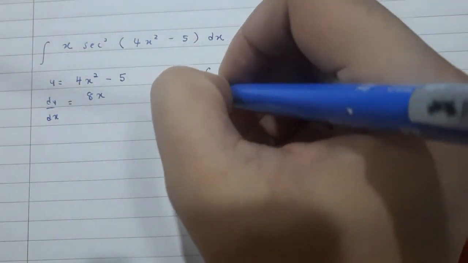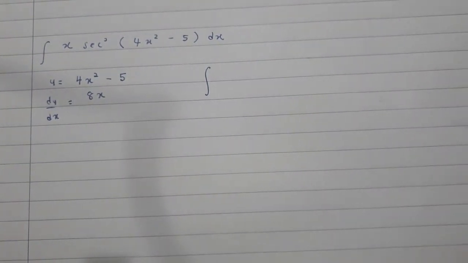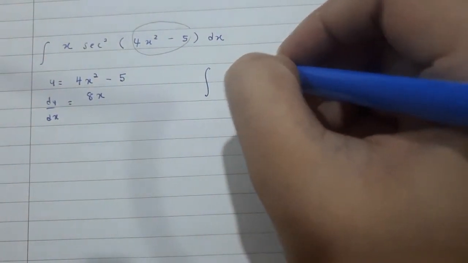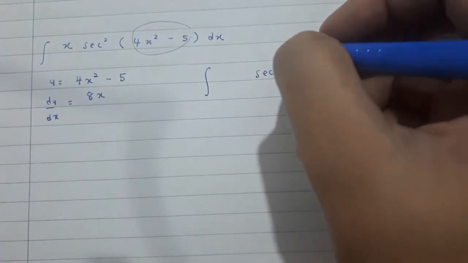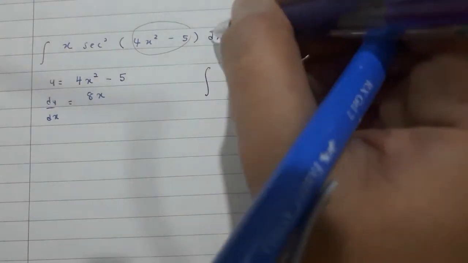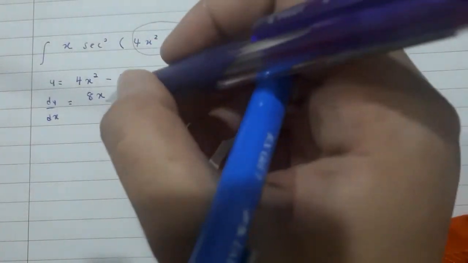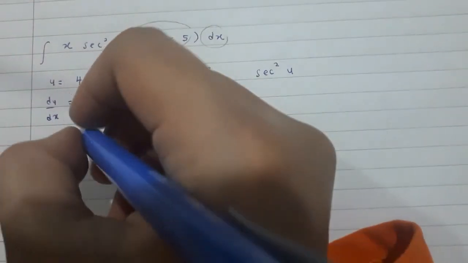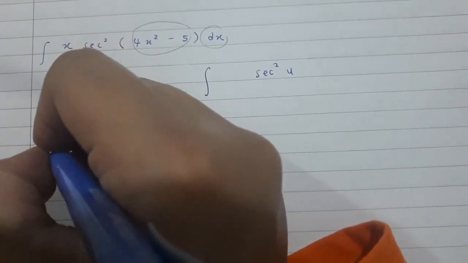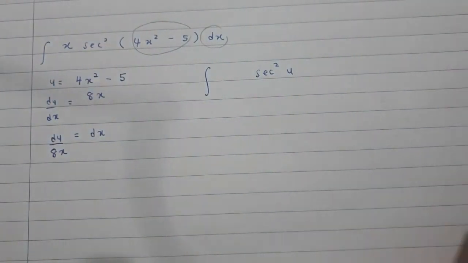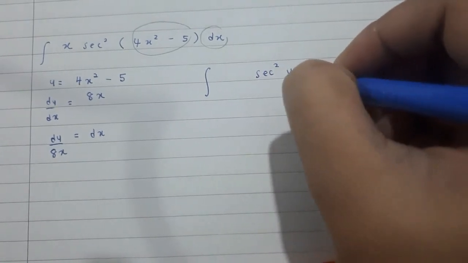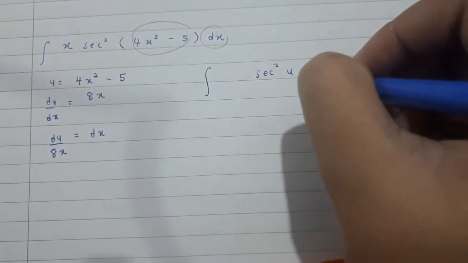So let's do the substitution. First, I want to substitute for 4x squared minus 5. So I get secant squared u. Next, I want to replace dx. I can get dx from here. dx equal du over 8x. So replace the dx by du over 8x.